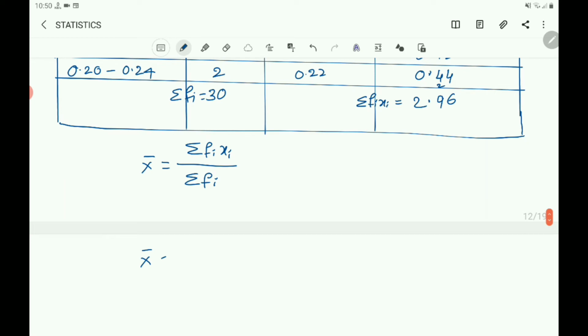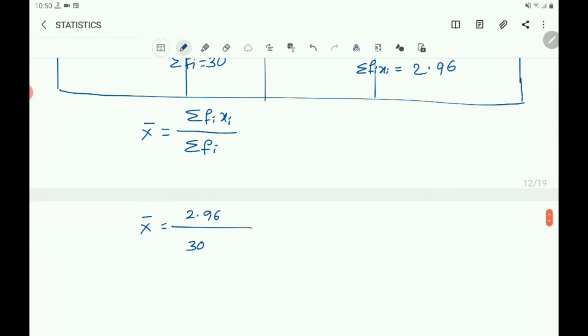So x bar equals 2.96 divided by 30. Then you write 296 divided by 30, you do, that is 2.96.